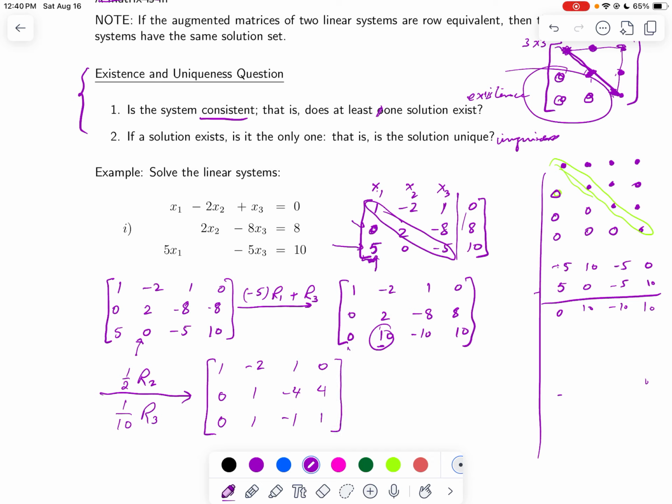Okay. So now what to be done? Now you see we have these 2 zeros. We want this quantity to be 0. We want this to be 0 here. So I will use the second row to make it 0.